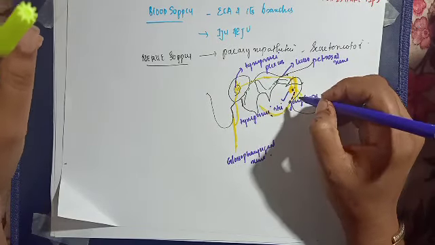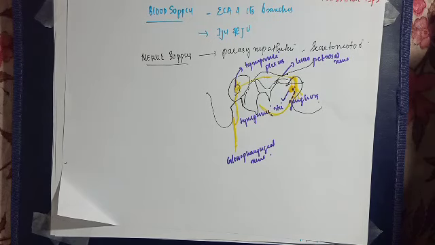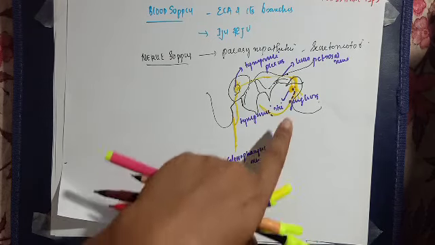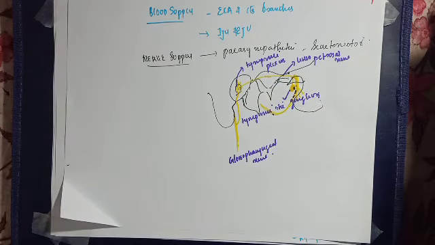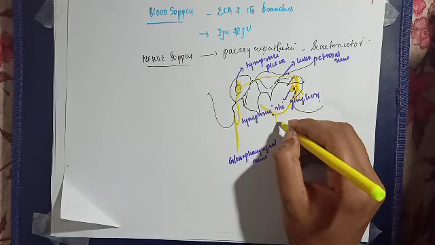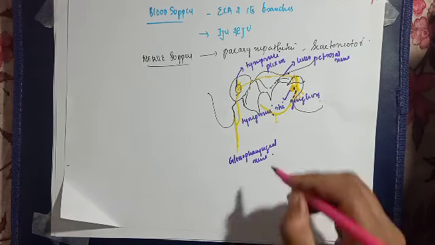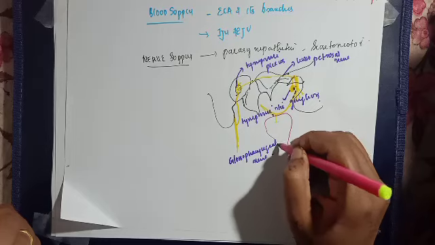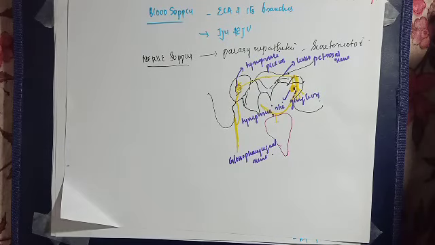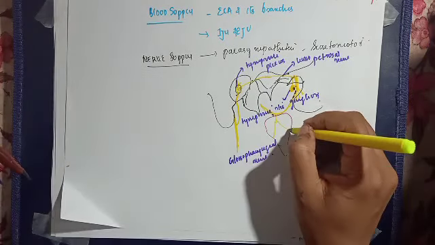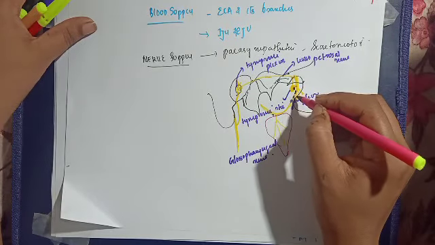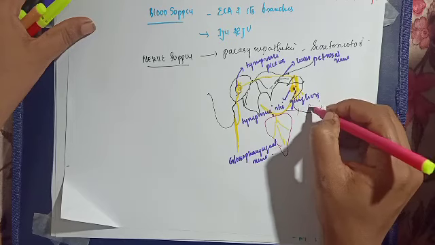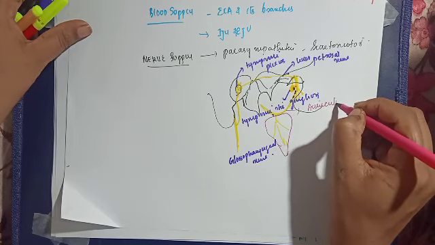The postganglionic fibers after the otic ganglion pass through the auriculotemporal nerve, which supplies the parotid gland. So postganglionic fibers from the otic ganglion pass through the auriculotemporal nerve to reach the parotid gland.